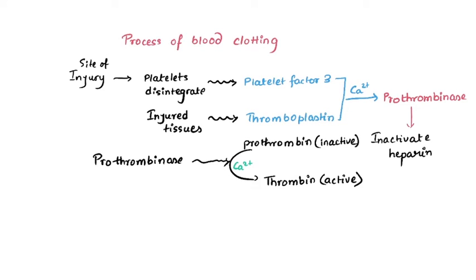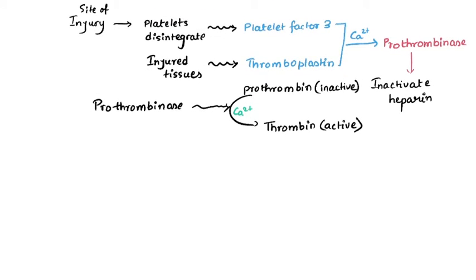Now, this prothrombin is broken down into thrombin. It has again some specific function. There is this protein called fibrinogen. What this thrombin does is, this fibrinogen is depolymerized, and again the monomers of fibrinogen are repolymerized into long insoluble fiber-like polymers called fibrin.